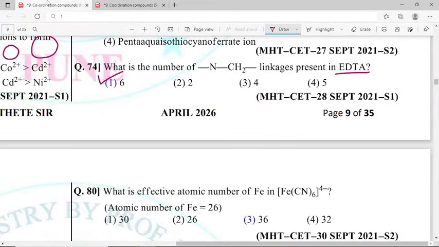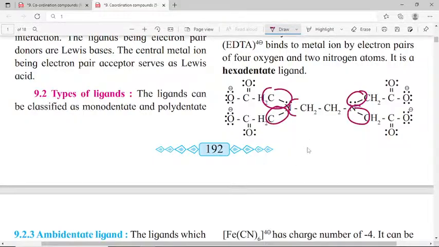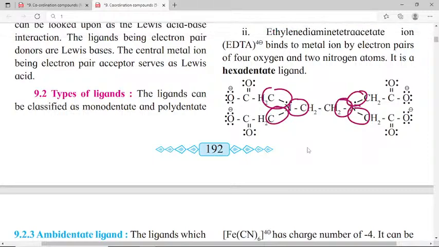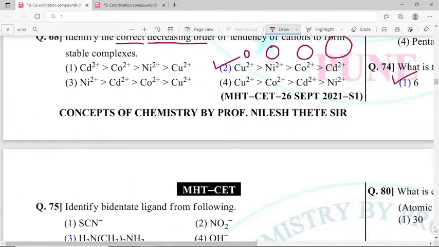And again this is 3 and this is again 3. So how many bonds? 3 here and 3 here, 3 plus 3, 6 bonds. So there are a total of 6 bonds present in EDTA.